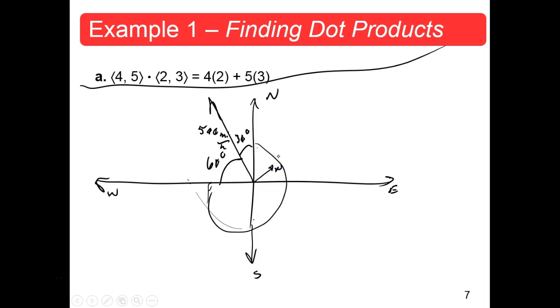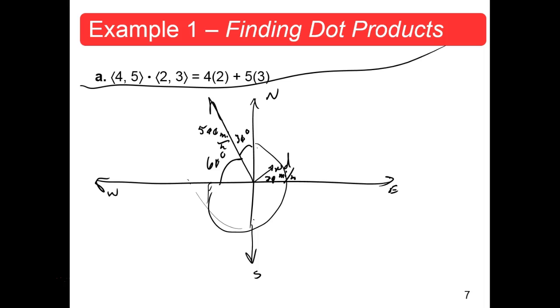I'm going to call that WD for wind, so you don't confuse it with west or something, okay? And that's 70 miles per hour. So the magnitude here is 70 miles per hour, okay? And it's 45 degrees east of north.